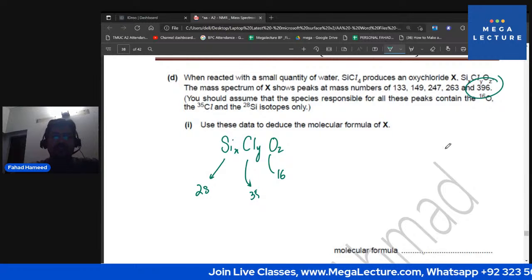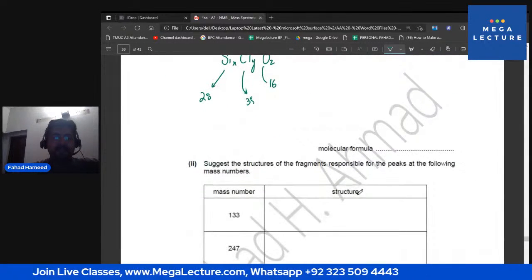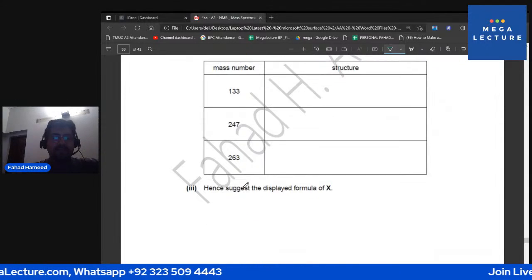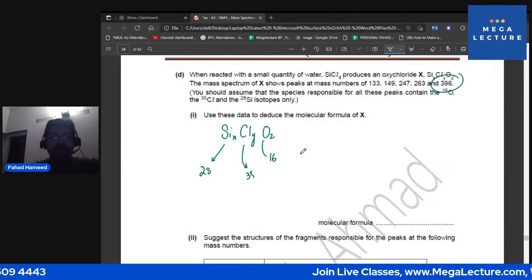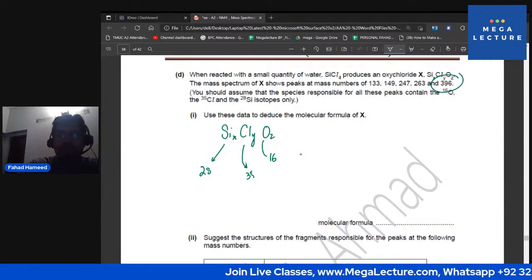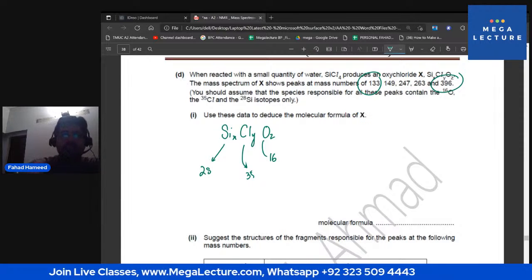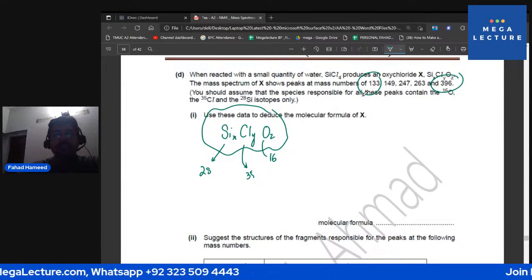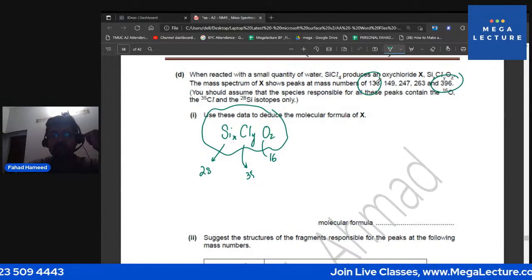What they're asking for in this question is that you're supposed to draw the structure of each of the particles, 133, 263, and hence suggest the displayed formula. So you're going to start with the simplest one, 133. What could be 133? There's this big molecule over here, and 133 is going to be a smaller, tiny version of the bigger molecule.